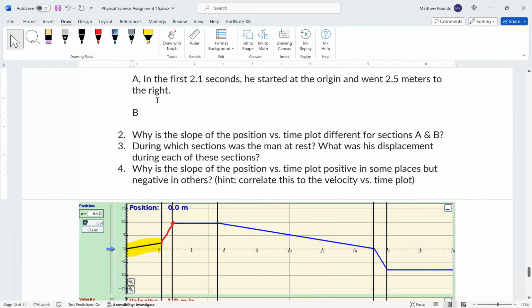You want to basically repeat here, and you would say in the next 0.5 seconds, or however much time you think has passed, he started at 2.5 meters and went to 10 meters to the right. All right, so he started at 0, went, did we say 2 or 5 meters? Then he finished at 10 meters. Okay.